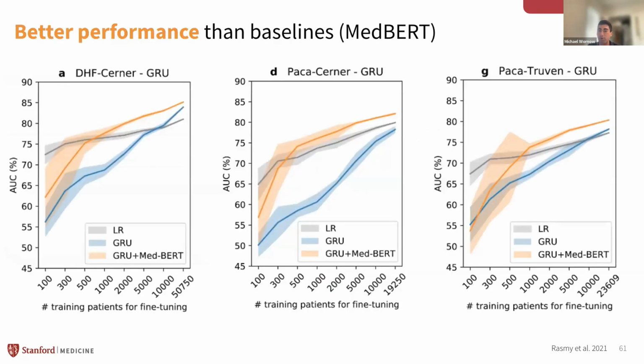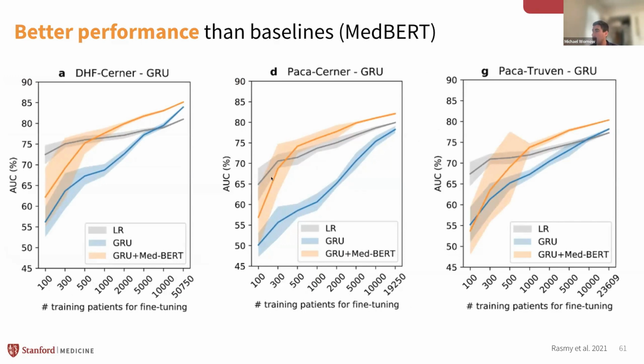Finally, and most importantly, we do see performance gains from using these BERT-based foundation models over traditional machine learning methods. In these graphs, the orange lines are the foundation model MedBERT, and the gray and blue lines are baseline models. Each plot is a separate data set, and the x-axis is the number of data points that were used for fine-tuning the models.